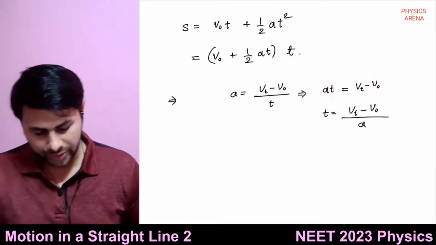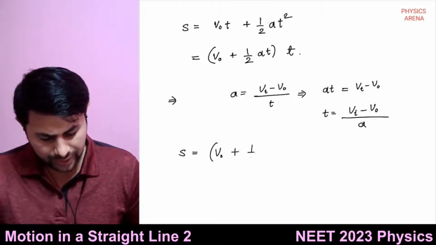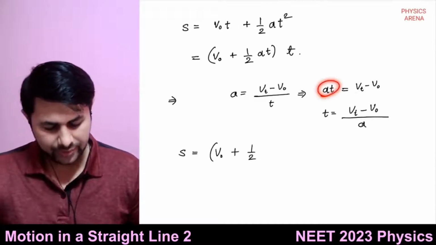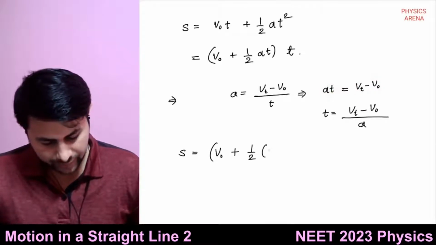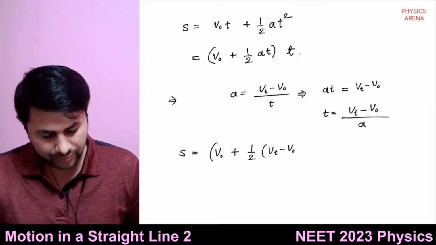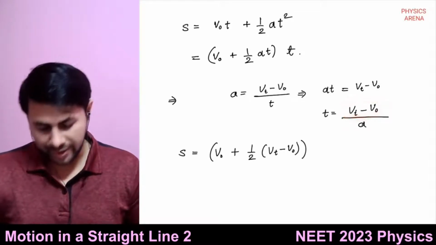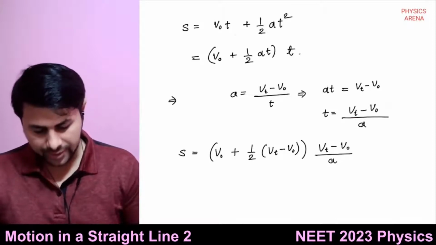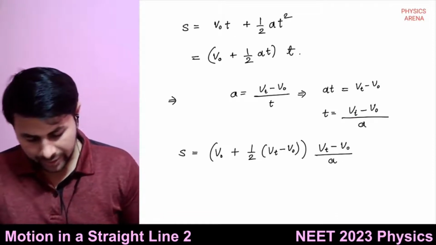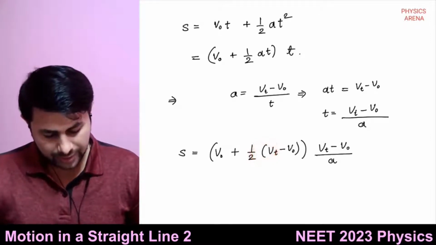So see what you get. S is equal to V naught plus half of At, which is Vt minus V naught, so it is half of Vt minus V naught. And t is Vt minus V naught divided by A. After that, this is V naught plus half of Vt minus half of V naught.